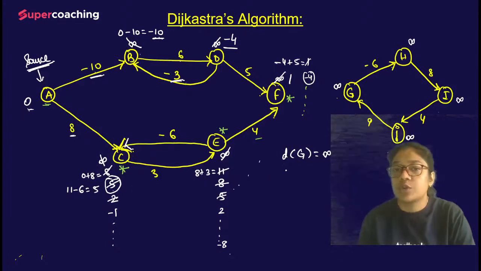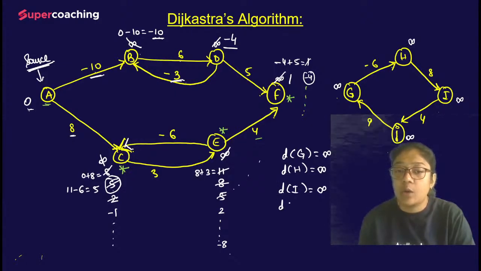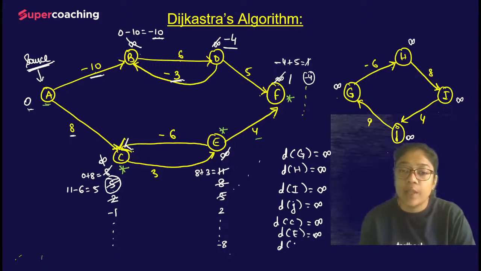We cannot find out the shortest path. For H also, we cannot find out the shortest path. For I also, for J also, for C also, we cannot find out the shortest path. There are so many vertices for which we cannot find out the shortest path.